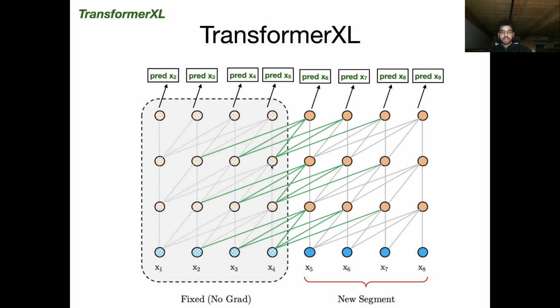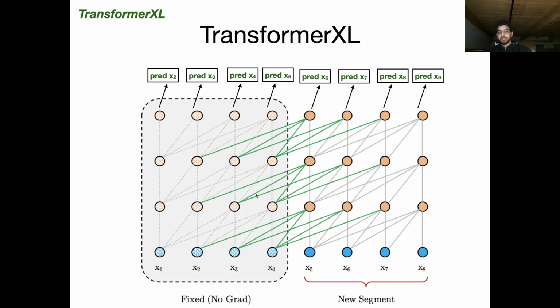So I have access to all of these hidden states that are depicted by these circles, and these green lines represent the connections between each layer and these cached hidden states. In the TransformerXL, they set it up such that each layer of the current thing that you're predicting attends over cached representations at the previous layer. So you can see this kind of downward flow.